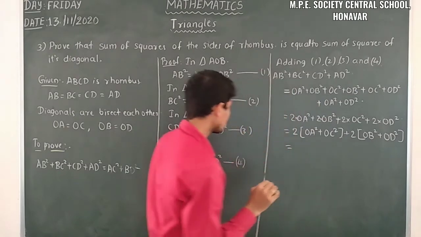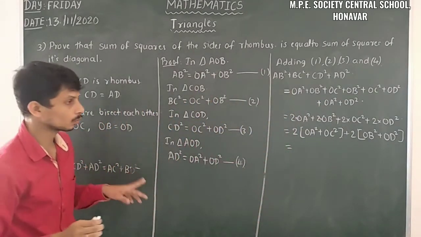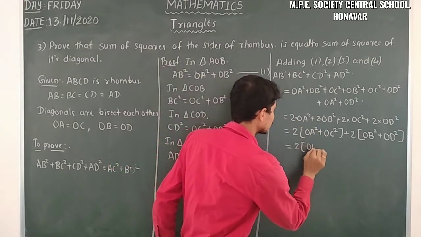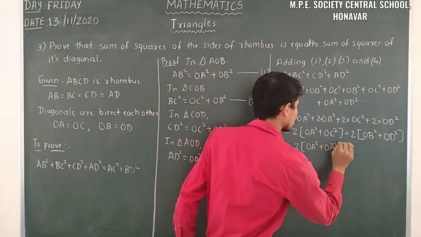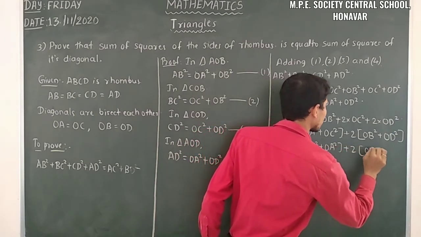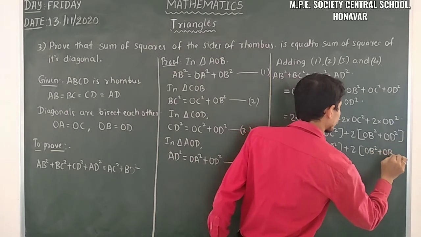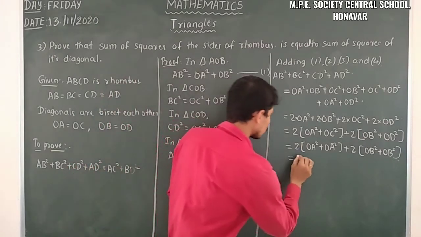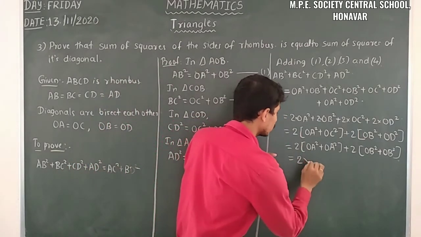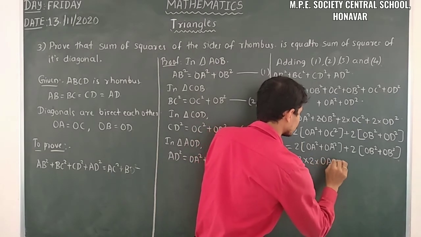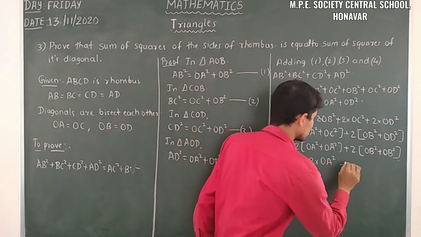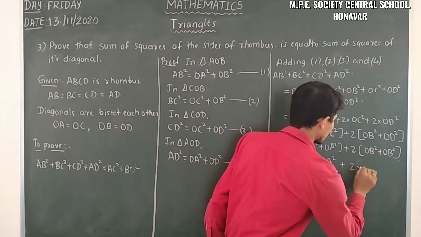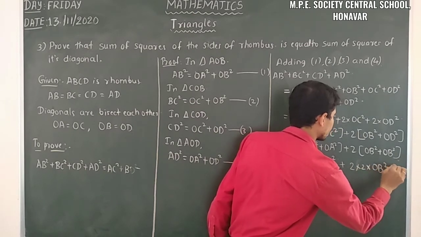So here we know that OA is equal to OC, OB is equal to OD. I will write it as OA square plus OA square. That is 2 into OA square plus OA square plus 2 into OB square plus OB square is equal to, here 2 into 2 OA square, plus 2 into 2 OB square.